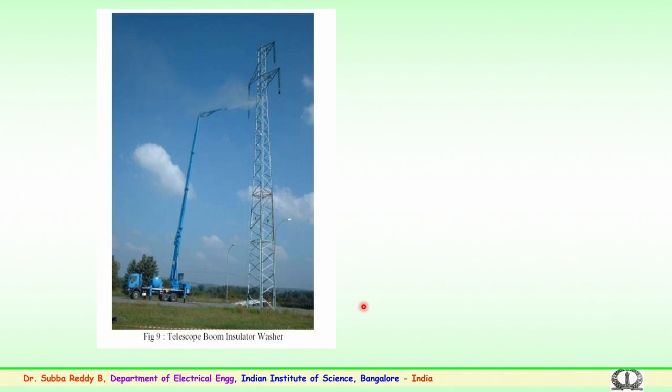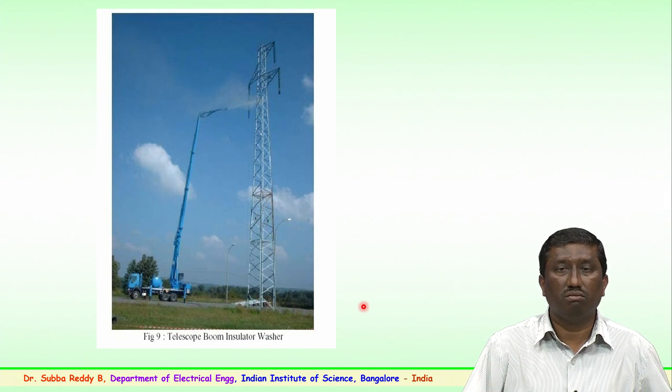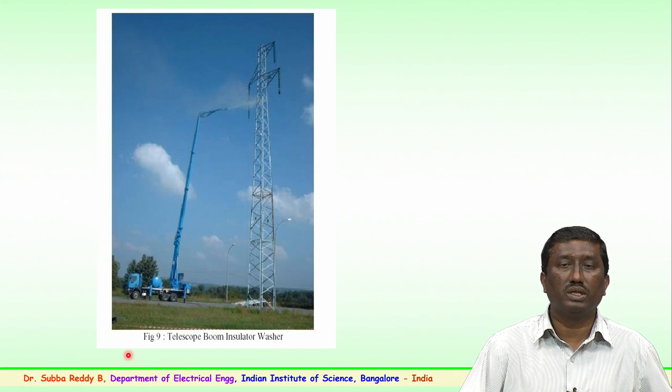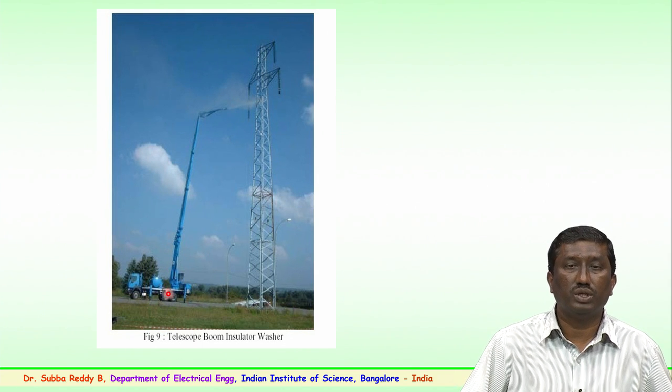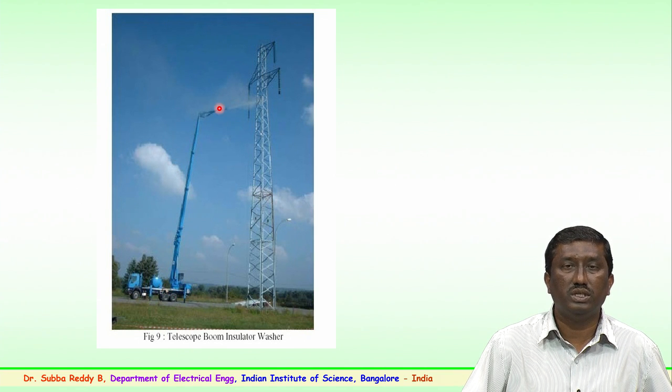So, some remedial measures for the insulators. Much before the monsoon starts, remedial measures are carried out by the electricity authorities or the utilities to see that the flashover does not happen. One among these is what you see here, the telescopic type of jet mounted on a truck, which is used to wash or clean the insulators.